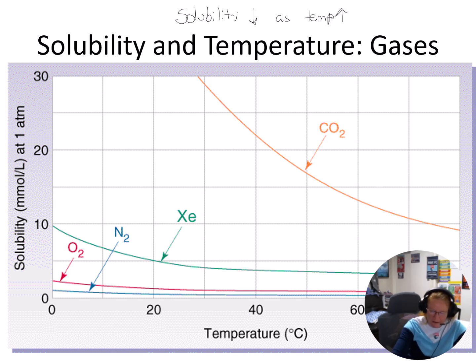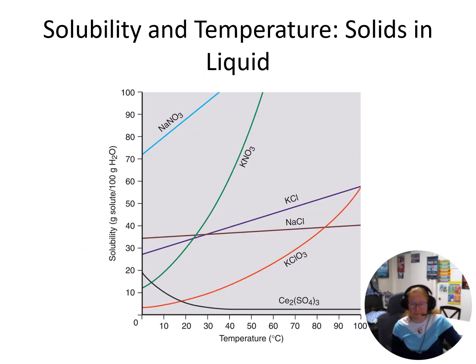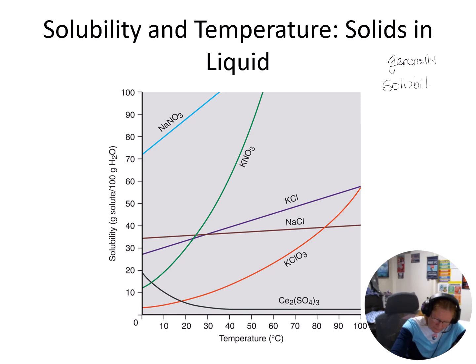Okay, but for our solids and liquids, generally, solubility goes up as temp goes up. And I say generally because if you see there, I've got that cesium sulfate, that one went down. But for the most part, temp goes up, solubility goes up.